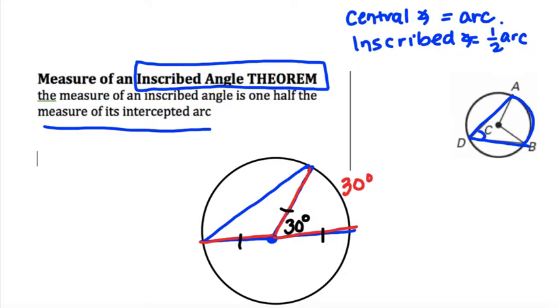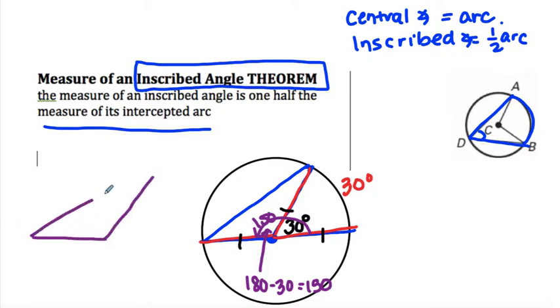Now, using what I've learned this year in geometry, this angle and this angle form a linear pair. So I know that that angle has to be 180 minus 30, which gives me 150. Now I have a 150 degree angle, and I have this isosceles triangle.